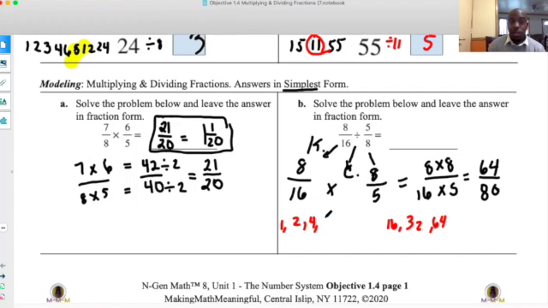No, 6 doesn't work. It was close, but it doesn't. 7, no. 8 does work. 8 times 8. So these are our factors for 64.